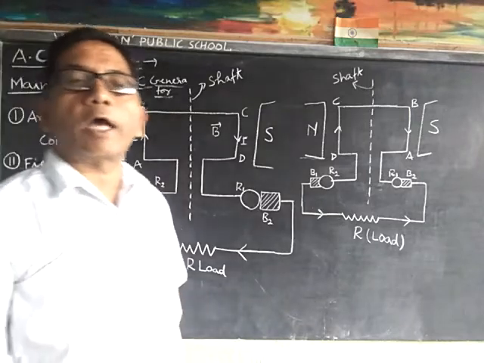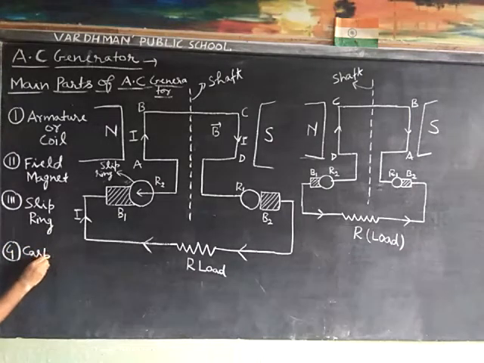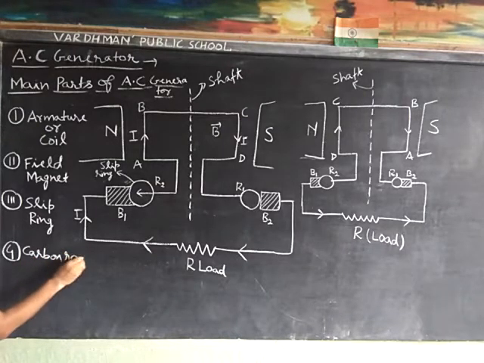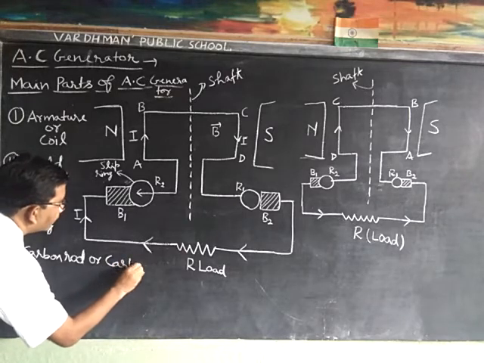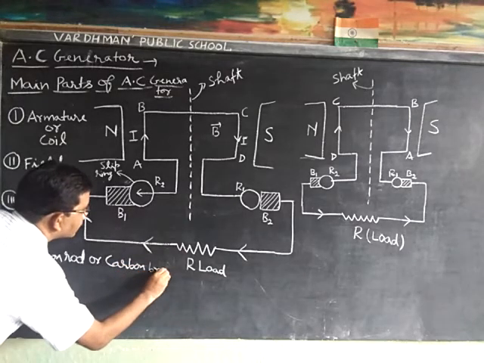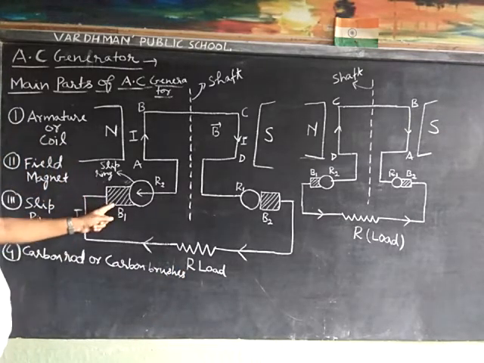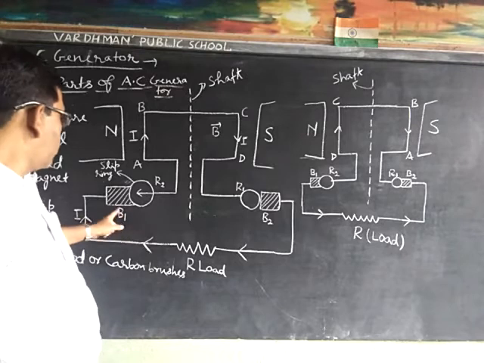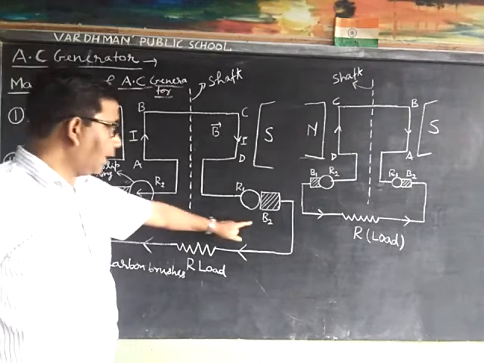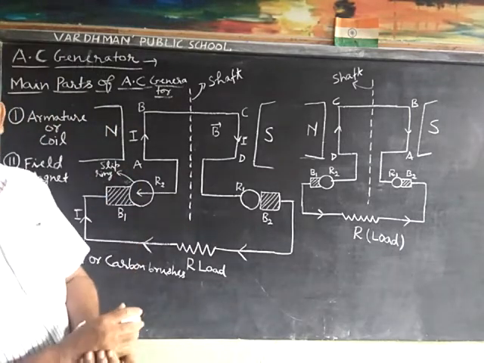Now fourth, carbon rod or carbon brushes. You can see here there are two carbon brushes B1 and B2.